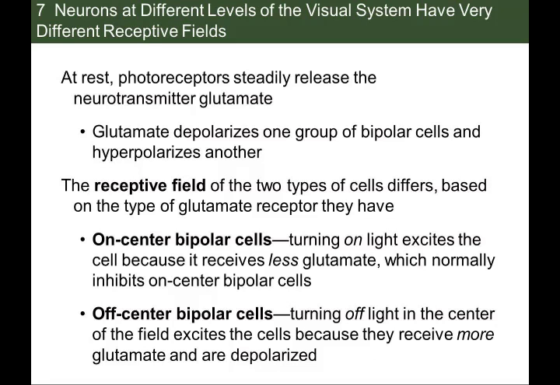Okay, so here what we have is an example of the pathway from the photoreceptor, here a cone, all the way to the ganglia, taking the information to the brain. This happens to be an on-center cell, which means that there's both an on-center and off-center bipolar cell.